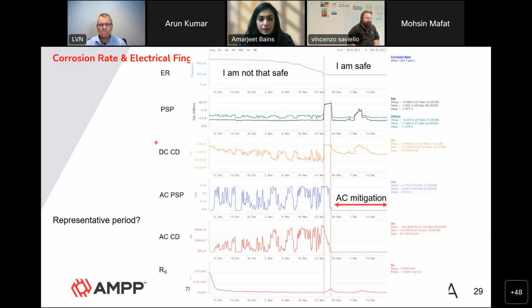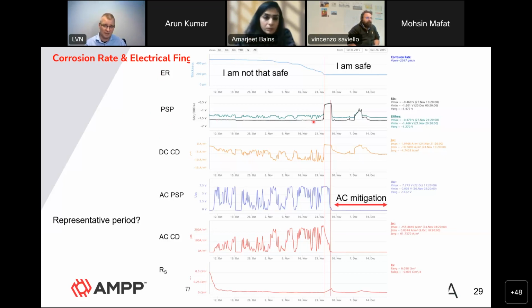He says, I'm a bit confused about the graph in which you're comparing the corrosion rate of probe and the PSP values. Yeah, and that might be this one, where according to the corrosion rate concept, I'm not safe because I can see that I have corrosion created here. And the PSP, pipe to soil potential, tells you actually that you are safe.